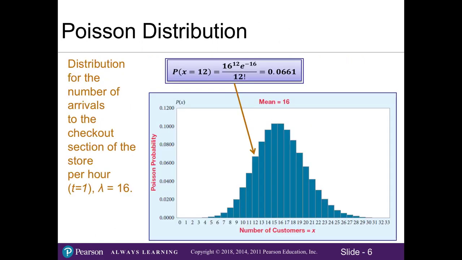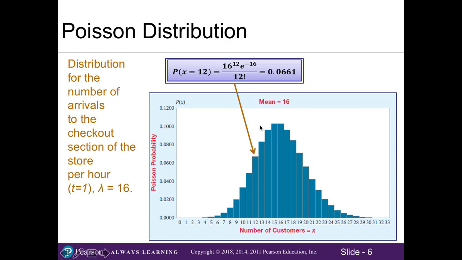When we look at the Poisson distribution, as you can see here, this is the distribution for the number of arrivals to a checkout section of your favorite store per hour. Here our segment is 1 hour. We are only looking at one segment, so our T is 1, and we're given our average number of arrivals to be 16 per hour.